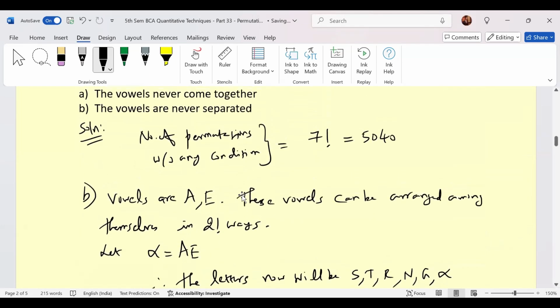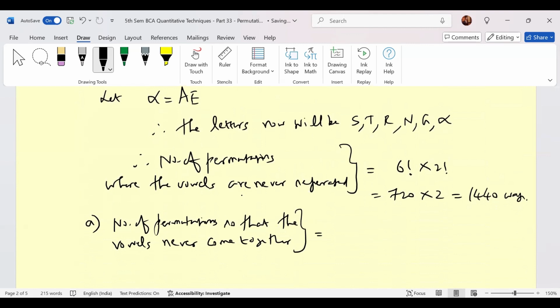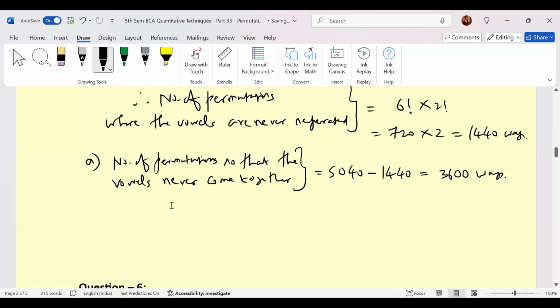We already calculated that 5040 minus the permutations where vowels are never separated, also we calculated in part B. Subtracting those two, we will have 3600 ways. That will be the solution for this question.